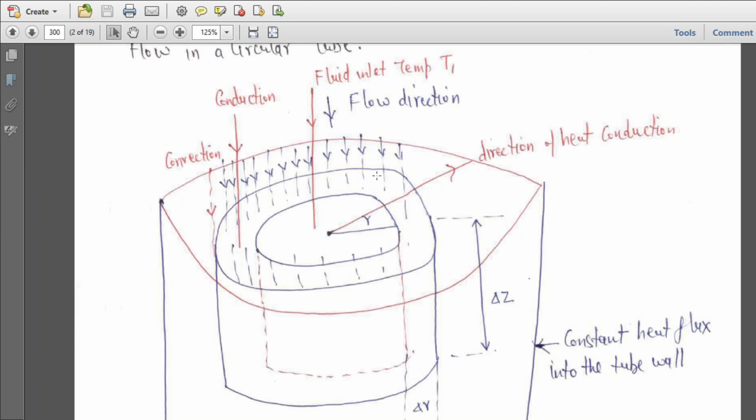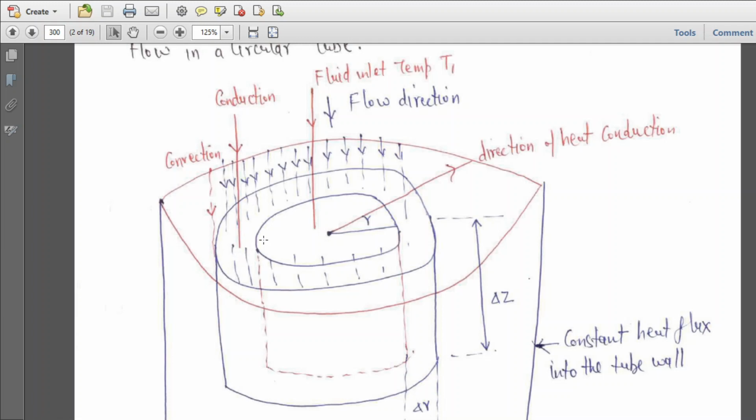Inside of that, a fluid is entering at temperature T1, and this is the direction of flow. The flow direction is along the axis of the cylinder. Now in that, convection heat transfer will take place in the direction of the flow.